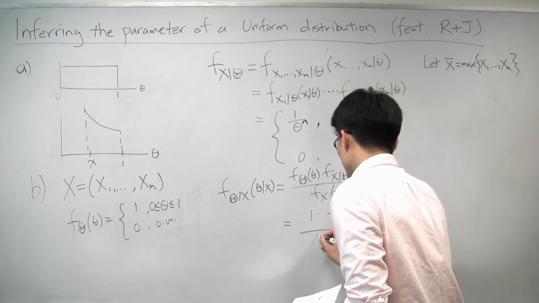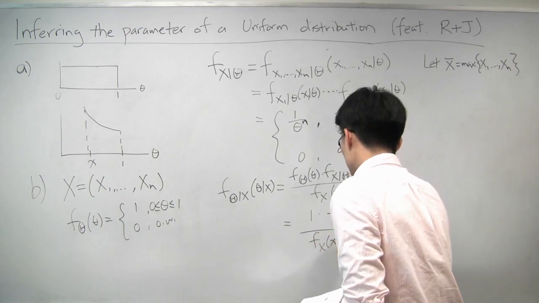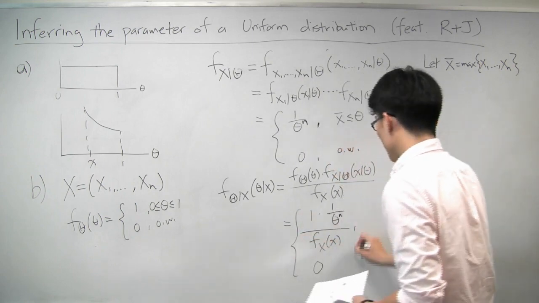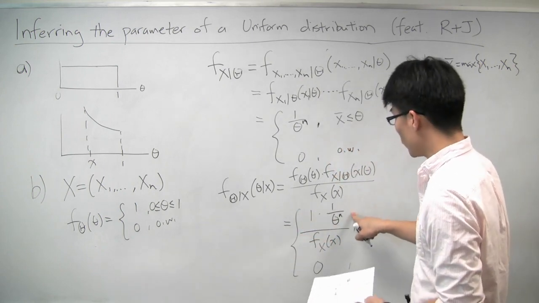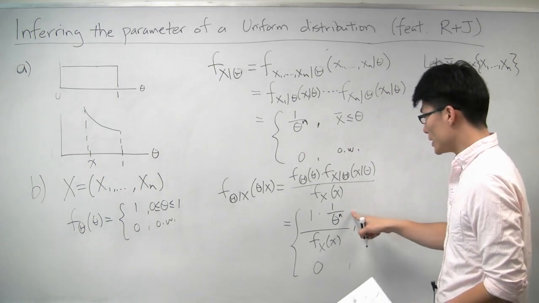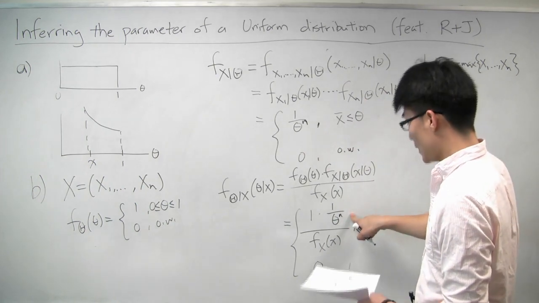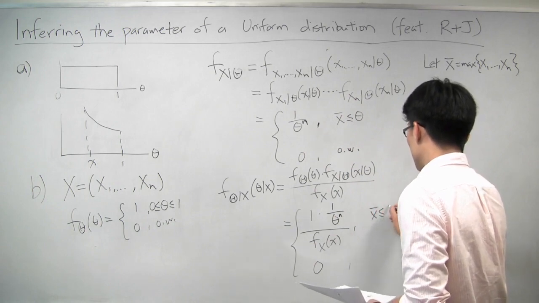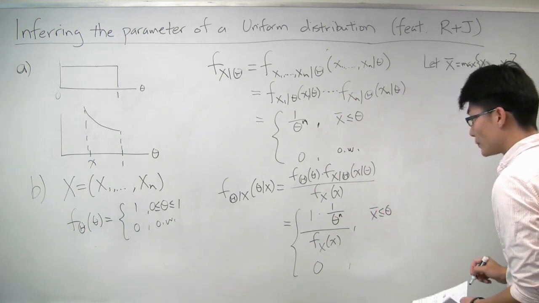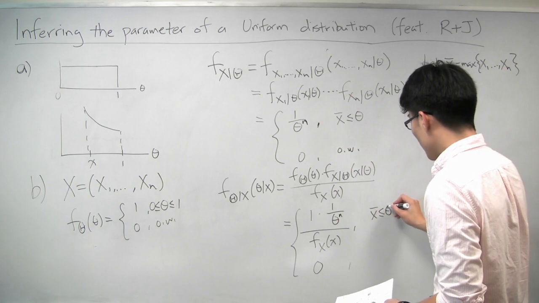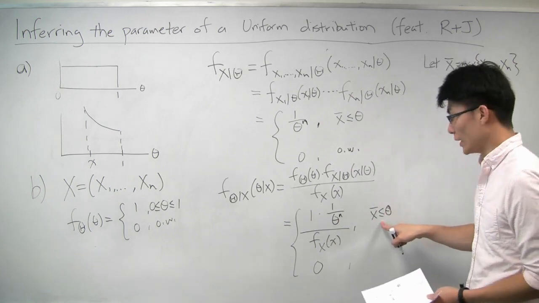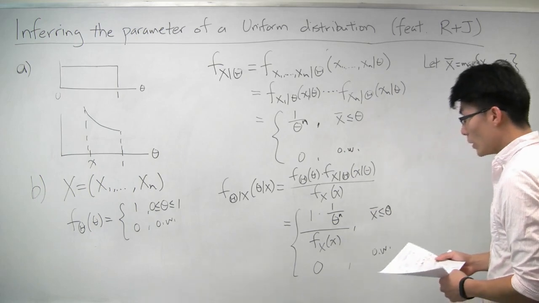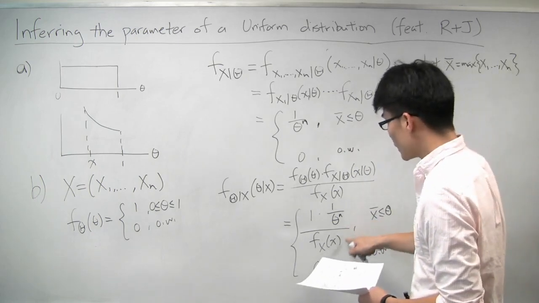And then we have this denominator. And again, we need to be careful to write down when this is actually valid. So it's actually valid when x bar is less than or equal to theta. And otherwise, it's 0. So this is actually more or less complete.